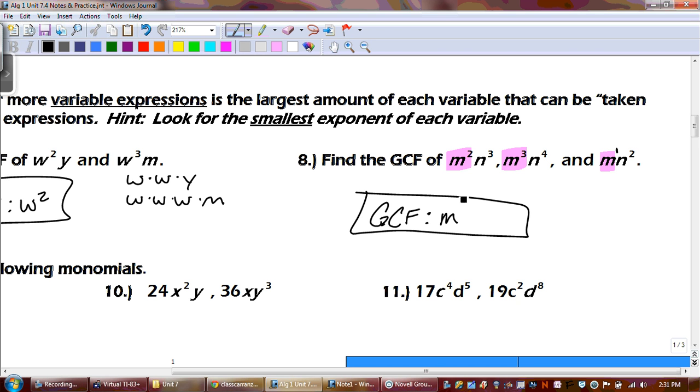It's m to the first, right? So I can only take out 1 m. Now let's look at the n's. Which one is the smallest? Well, the smallest is n squared. Okay, and the point is I can't take out exponents if they're not there. We can't take out more than all of them have. Okay, all right.